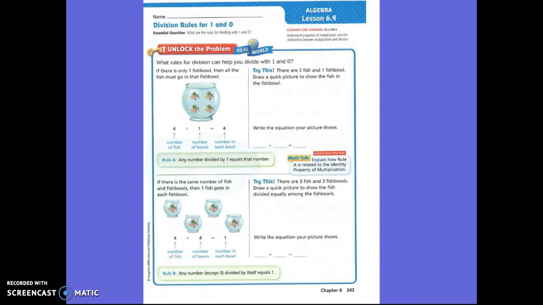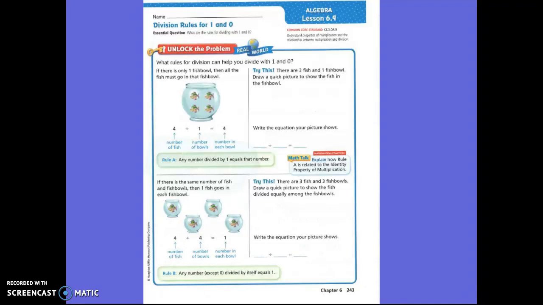Okay, use the story. If there is only one fishbowl, then all the fish must go in that bowl. So you see 4 divided by 1. There are 4 fish and 1 fishbowl.